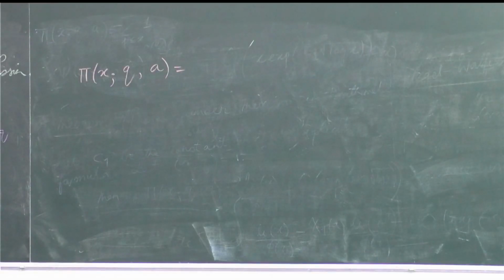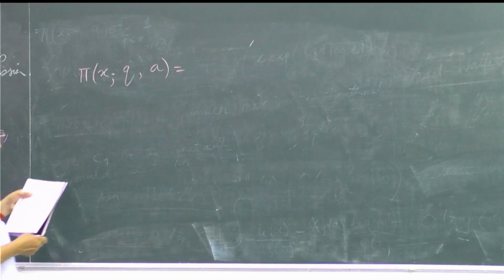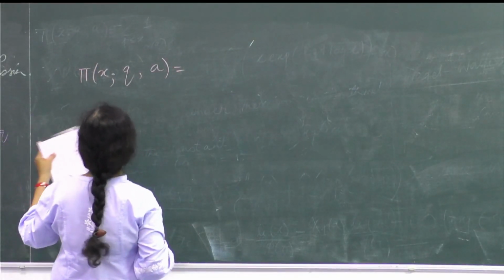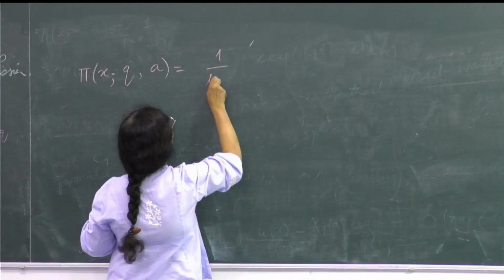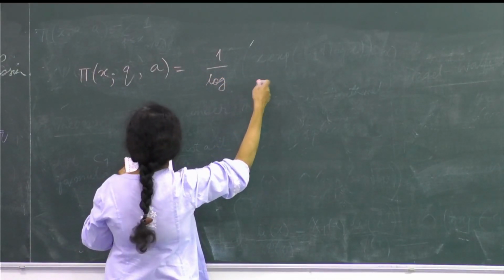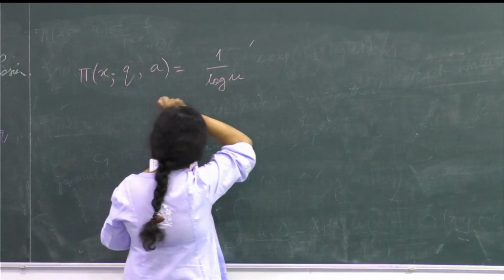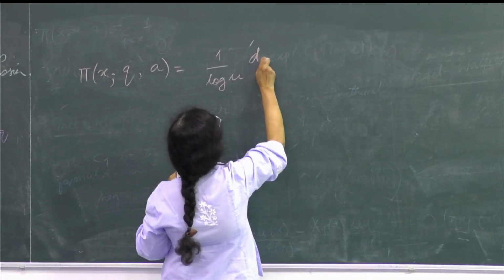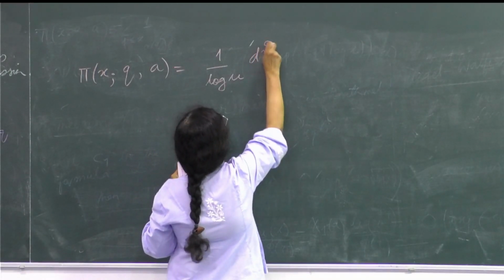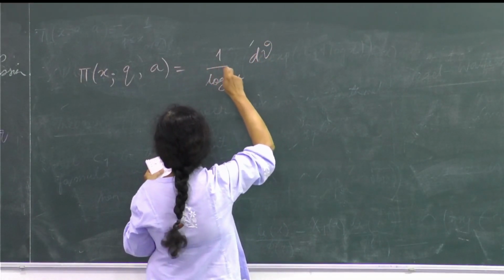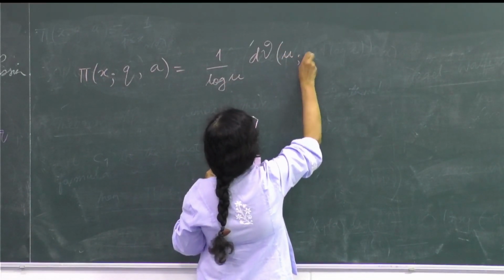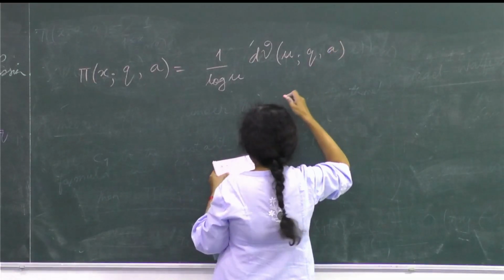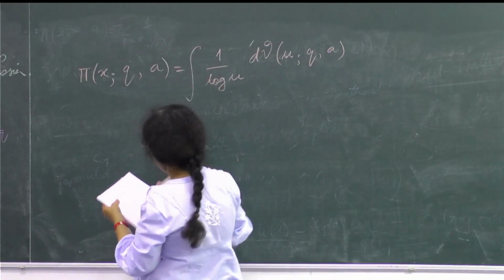So theta takes the sum of log p. So you have a log p, which means you have a 1 by log p. We won't call it p, we'll call it u. And then you take the derivative of theta of u; q, a, and you integrate this.